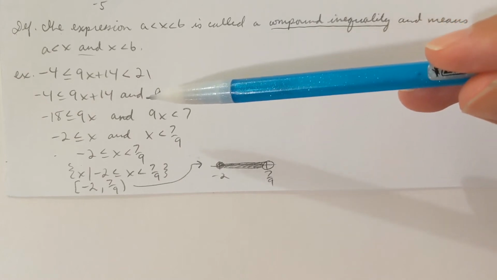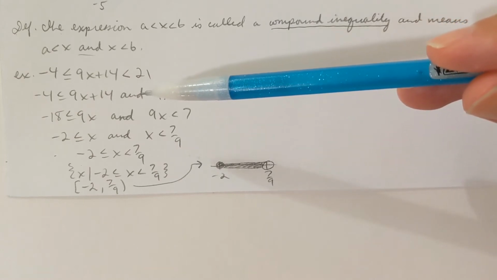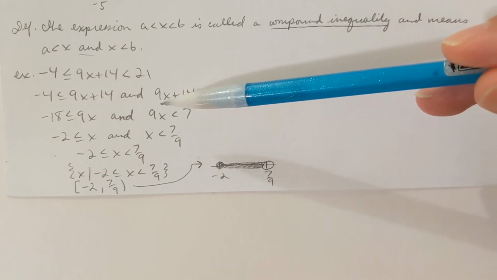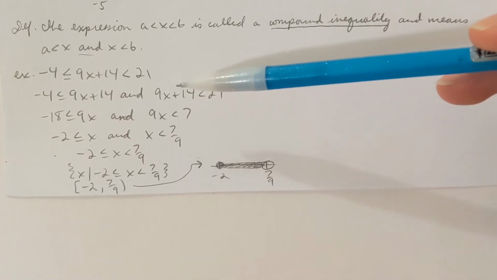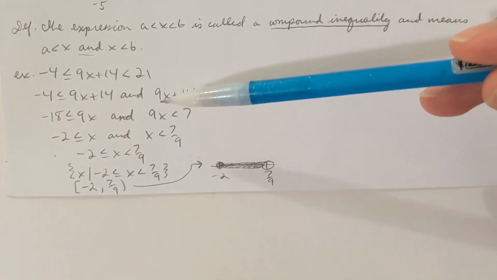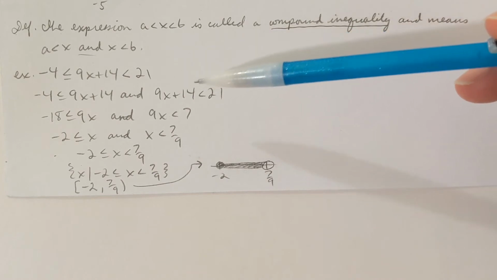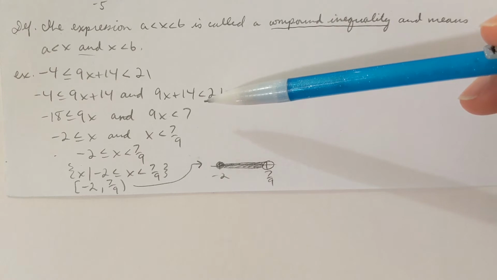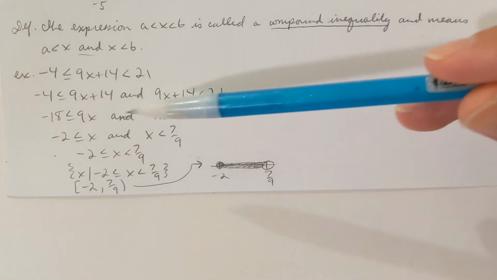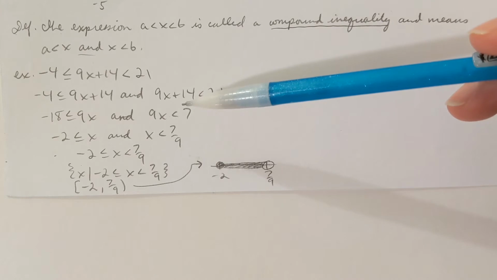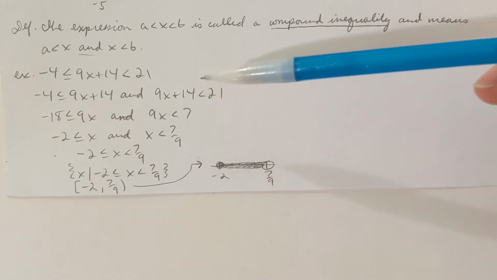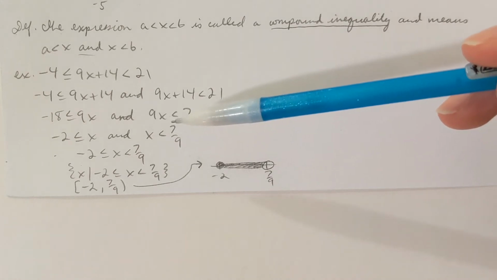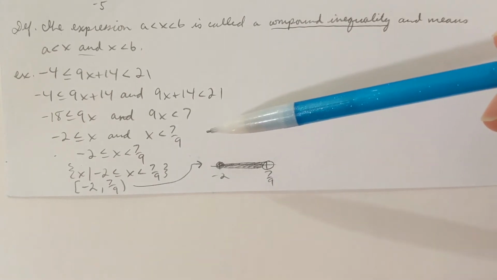If I subtract 14 from both sides, -4 minus 14 is -18, less than or equal to 9x. And if I subtract 14, 9x is less than 7. And so if I divide by 9, 9 is a positive number, by the way, so I won't flip the sign again. x is greater than or equal to -2, and x is less than 7/9.